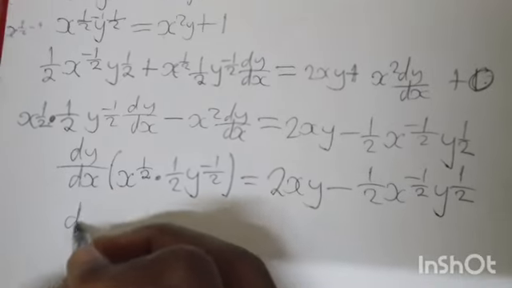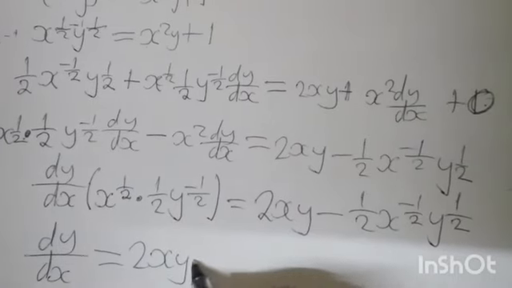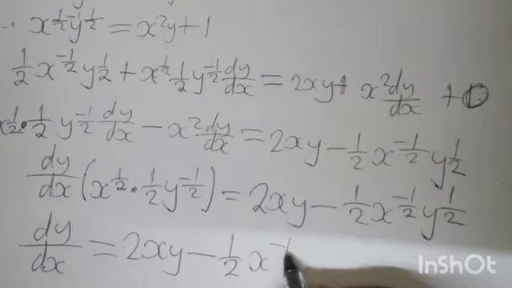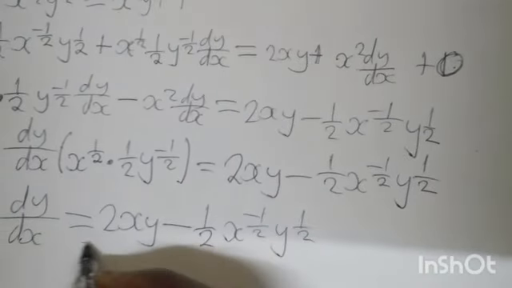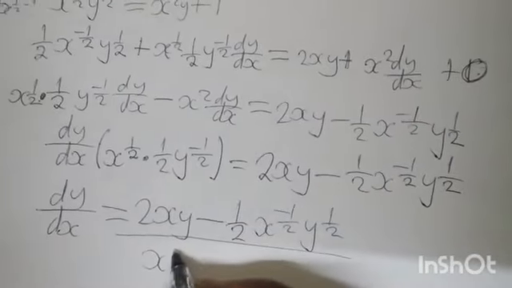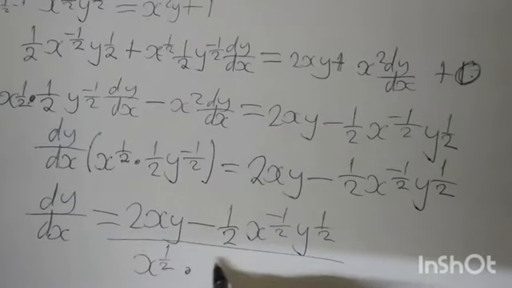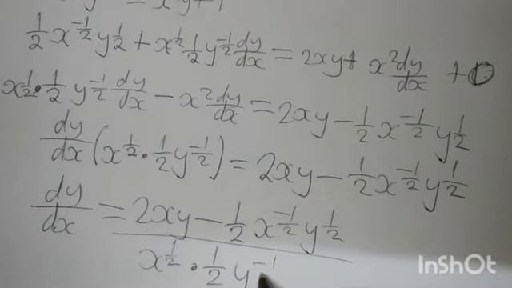So we'll only remain with dy over dx is equal to 2xy minus 1 over 2 x to the power negative half y to the power half over x to the power 1 over 2 multiplied by 1 over 2 y to the power negative half.